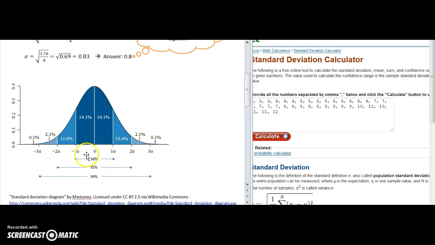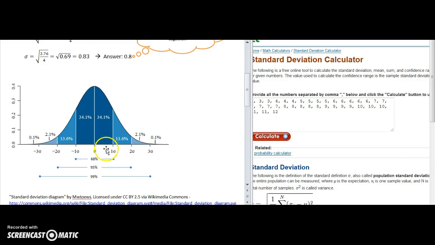To the left of the mean, we see this -1 sigma. That stands for 1 standard deviation below the mean, then 2 standard deviations below the mean, and 3 standard deviations below. If the standard deviation symbols are positive, this is said to be above the mean, which would be a data value higher than a mean.